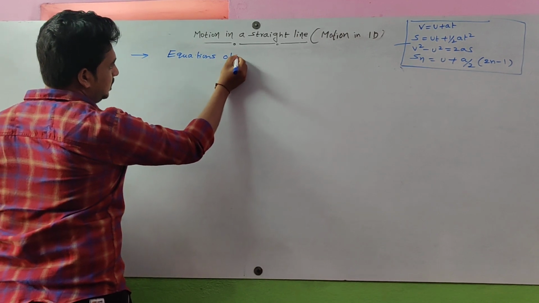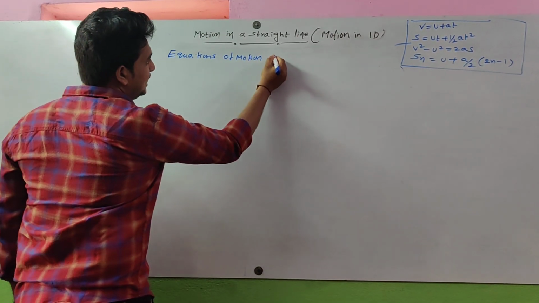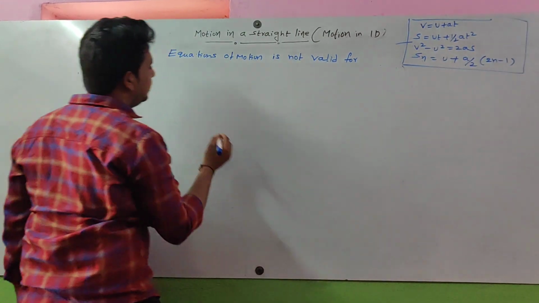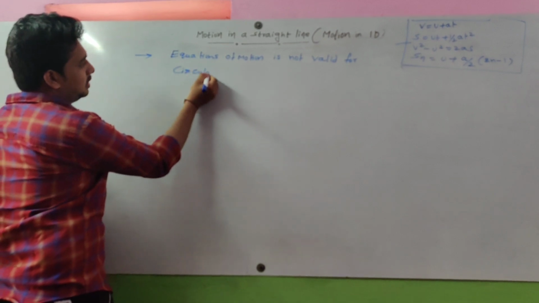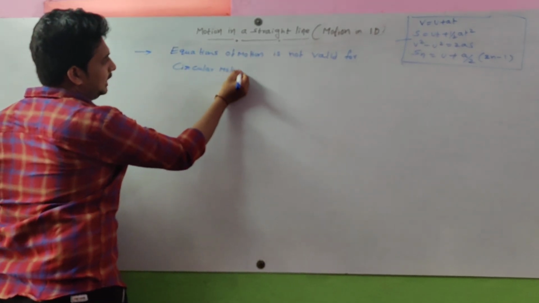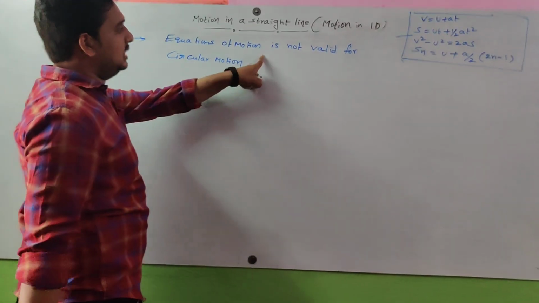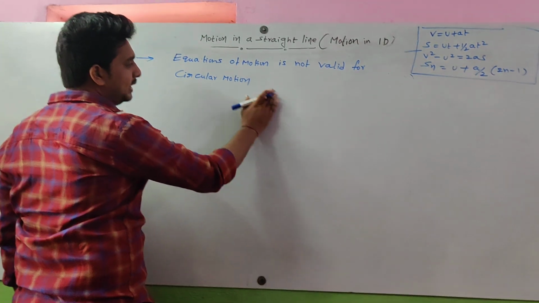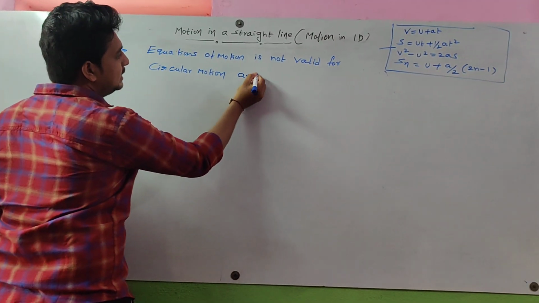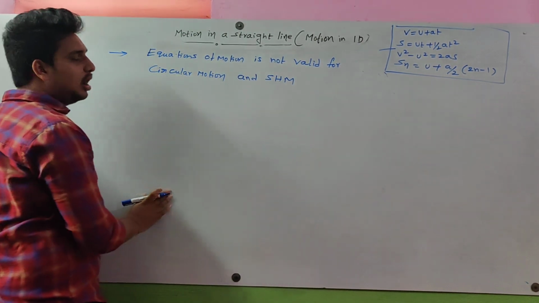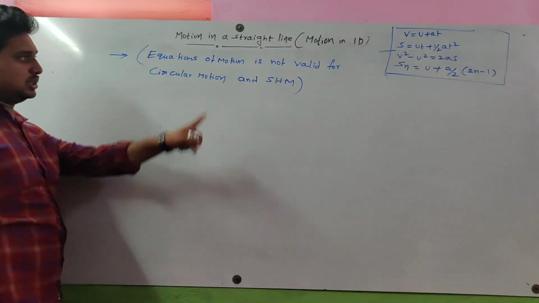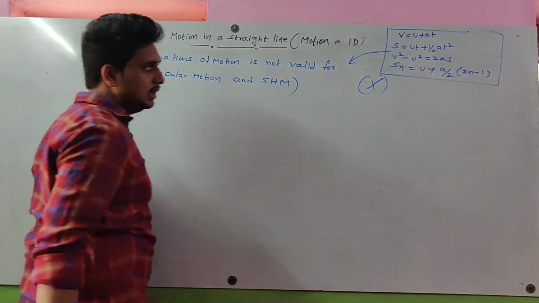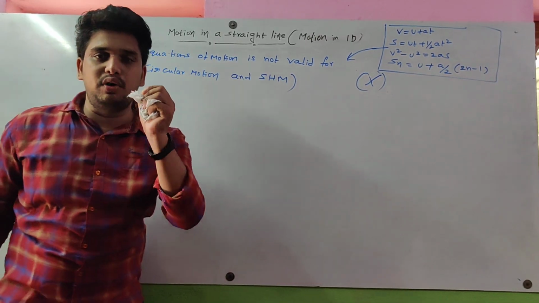Equations of motion are not valid for circular motion, a body moving in a circular path, and simple harmonic motion. We don't consider these four equations there.